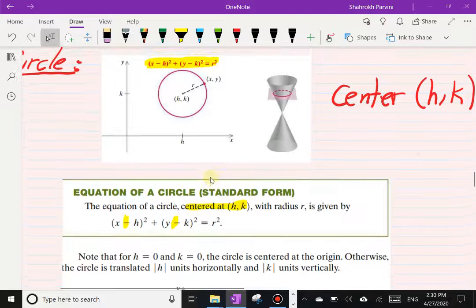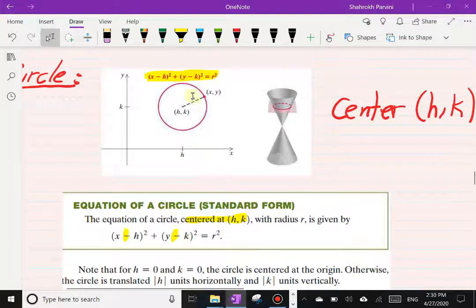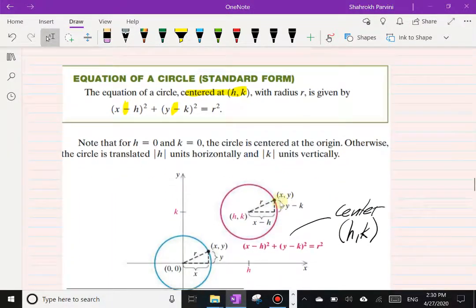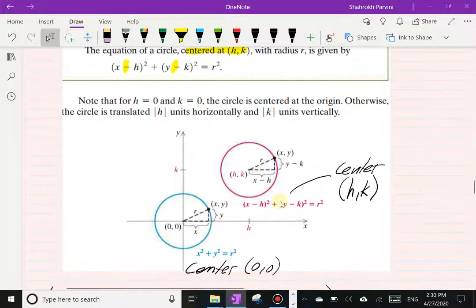Now, this is the equation of that circle that we see up here and highlighted. It's just written down here now. The parameters of the circle, we need the center and the radius. Okay. Now, this is actually the graph of two different circles that you're looking at. The one in blue is a circle that's centered at 0, 0.